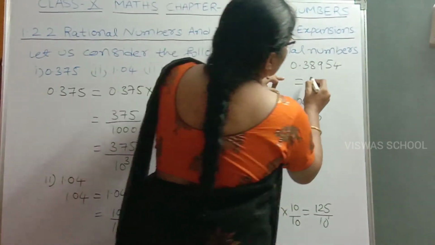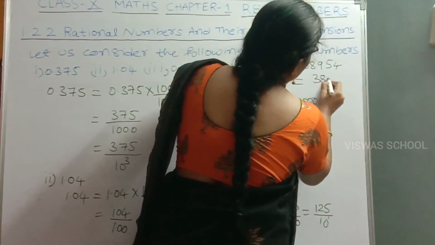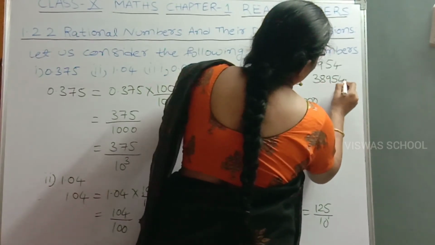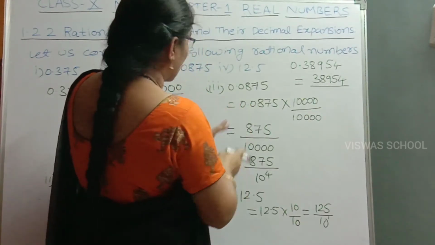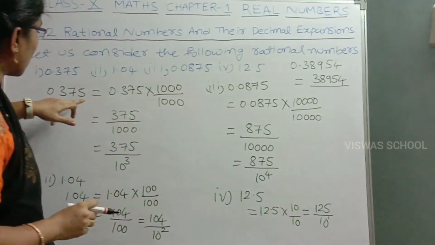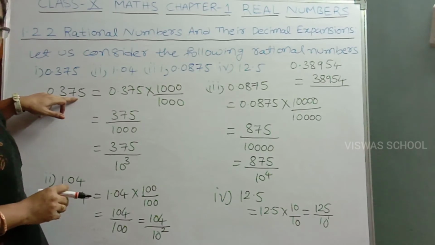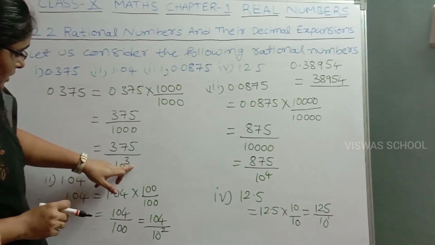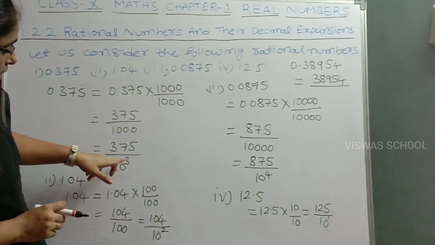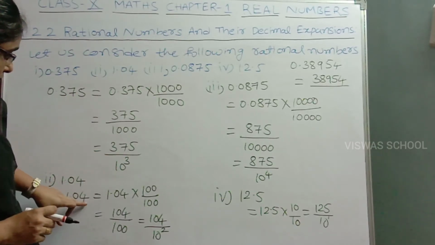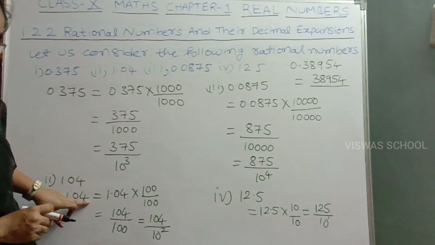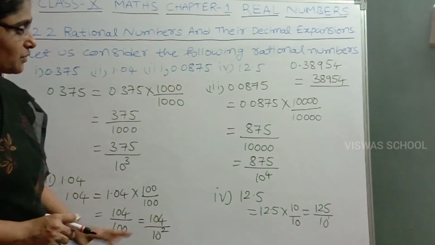Simply, it is 38954. In the denominator part, once you check all these, first we have 3 digits after the decimal, so 10 to the power of 3. Here after the decimal we have 2 digits, so you get 10 square.